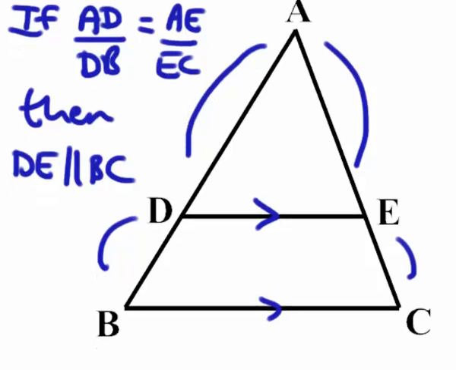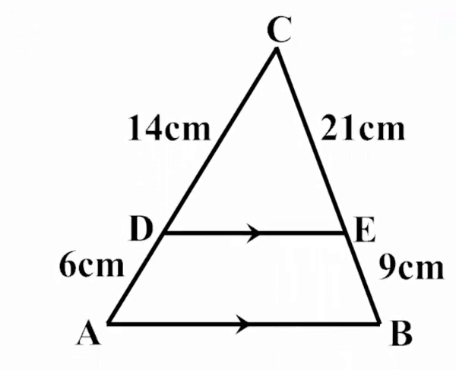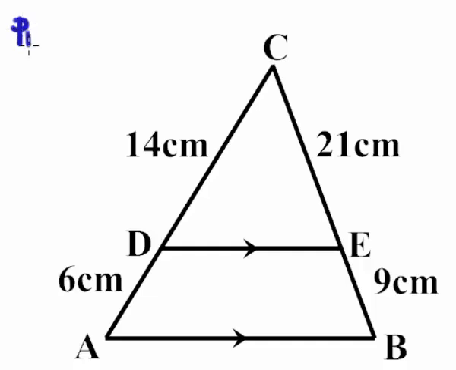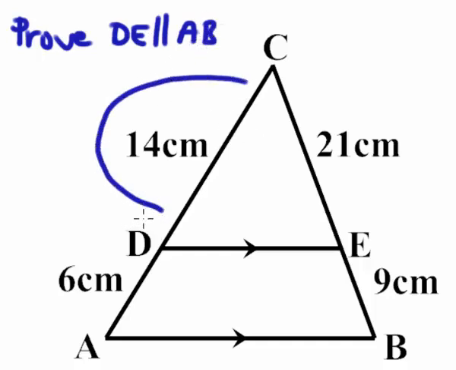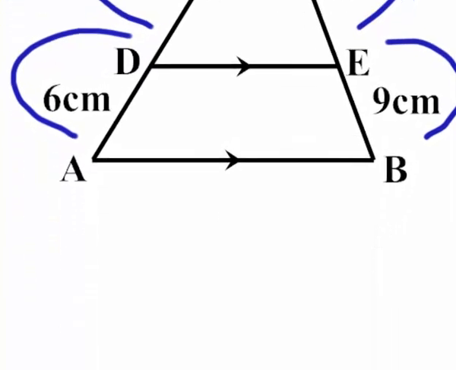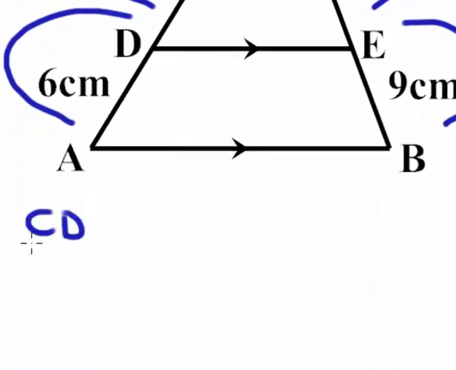Okay, let's have a look at an example quickly. What we want to do in this example is prove that DE is parallel to AB. Now we've got CD and DA, and we've got CE and EB. So if we create ratios, let's see what happens. If you take CD divided by DA, what do we get?